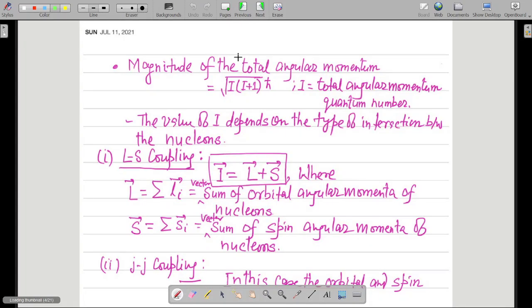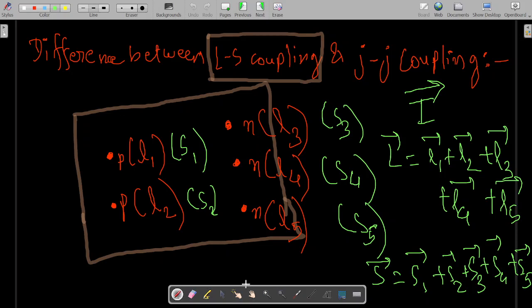Now we have to find the value of I, the total angular momentum quantum number. Simply add this L vector with this S vector, and you will get the value of I. That is what is meant by LS coupling.